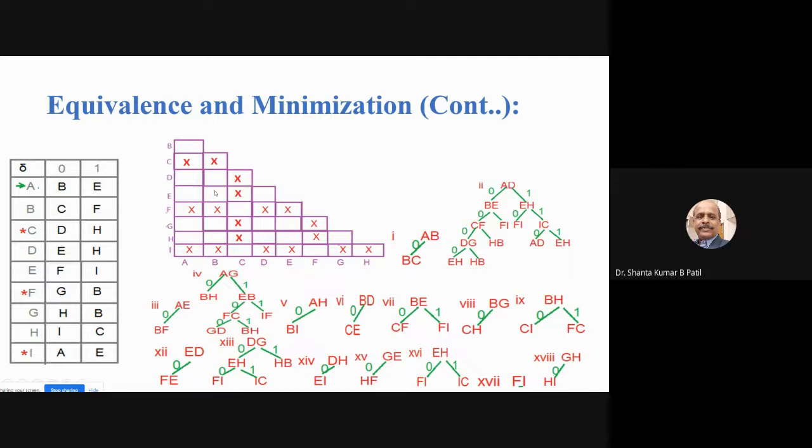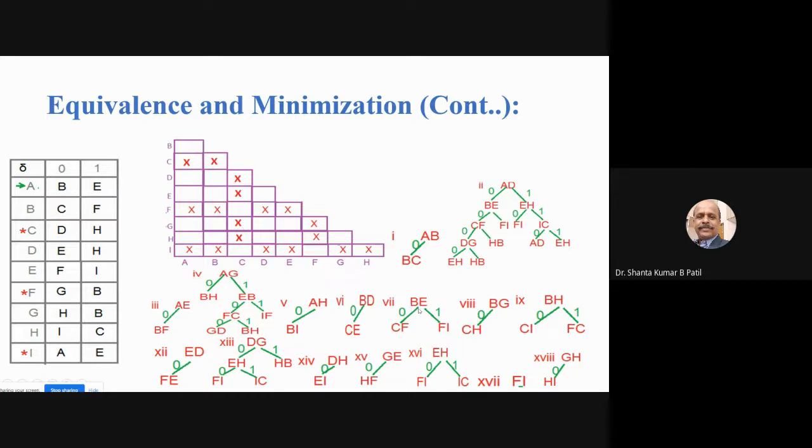Next one is BE. BE on 0 is CF and BE on 1 is FI. Both CF and FI are final states only, hence they do not have the cross mark in the table.